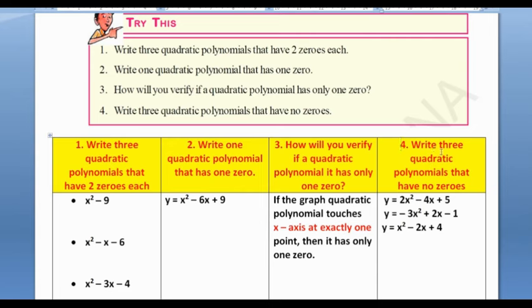Next question, write three quadratic polynomials that have no zeros. So the quadratic polynomials that have no zeros are 2x square minus 4x plus 5, minus 3x square plus 2x minus 1, and x square minus 2x plus 4. All these three polynomials have no zeros.